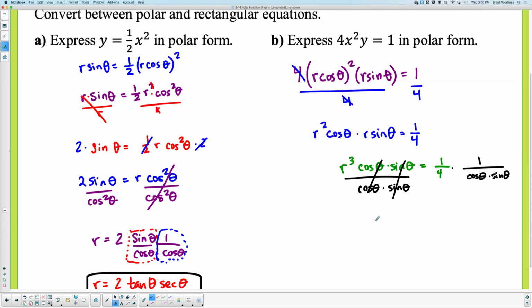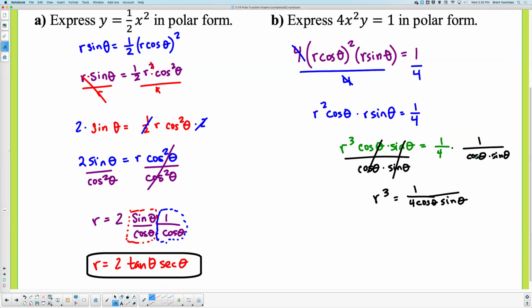And so when I do this, I'm left with r cubed equals 1/4 over cosine theta sine theta, and I'm going to rewrite it one more time. When you have cosine and sine in the denominator, that's the same thing as secant and cosecant. So I could say that r cubed equals 1/4 secant theta times cosecant theta.